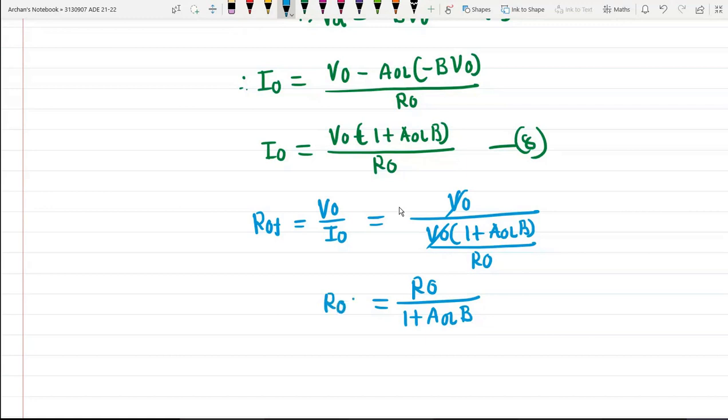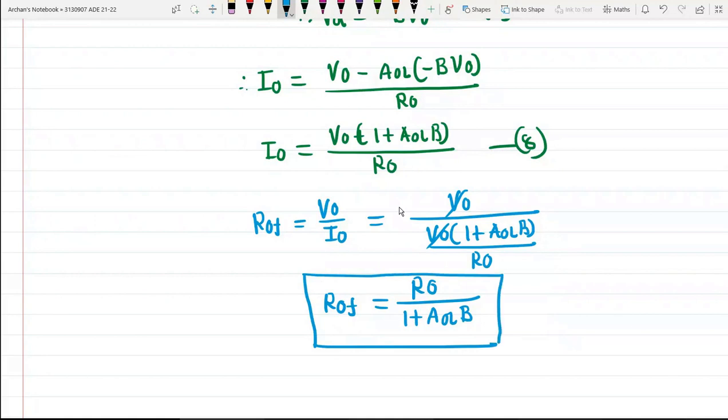So this is the value of output resistance with feedback. As you can see, the term 1 plus AOL times B is in the denominator, so by increasing this term we are able to decrease the output resistance with feedback.